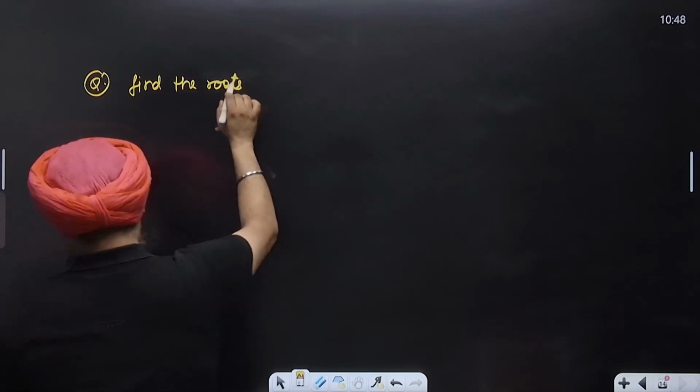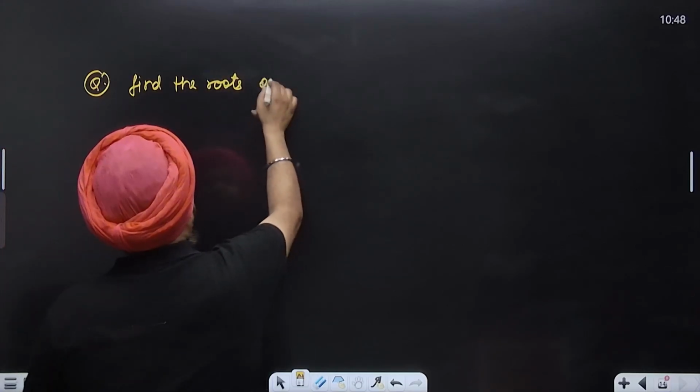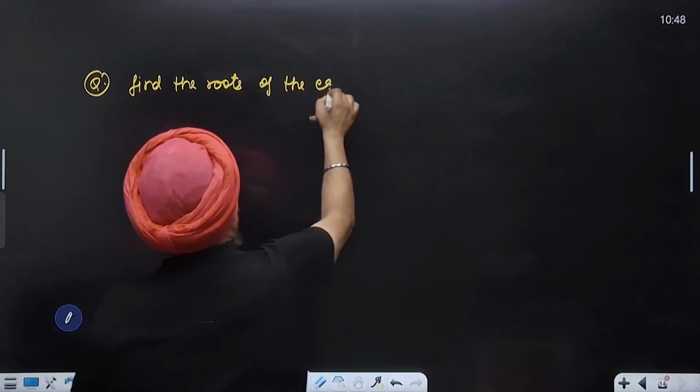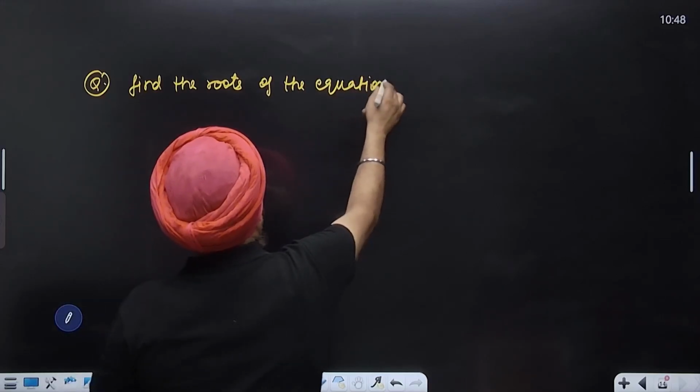Next question is to find the roots of the equation.